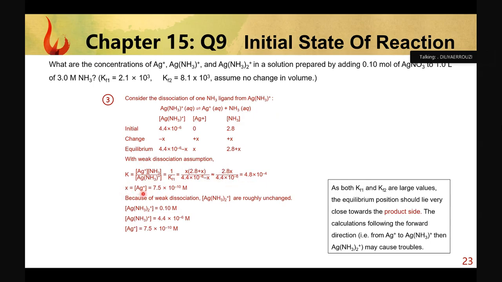Then we can calculate X, which is equal to the concentration of silver ion. Because of the weak dissociation, the ion is basically unchanged. So the concentration of Ag(NH3)2 is 0.1. The concentration of ammonia is 4.4. The concentration of silver ion is this.